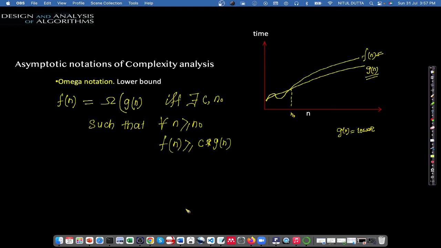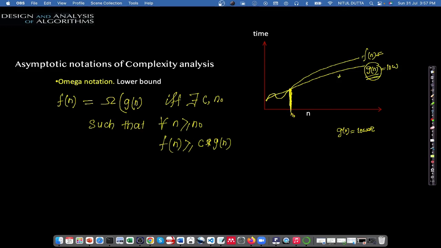It implies that we have a function g(n) which shows the lower bound of time complexity, meaning the time complexity of that algorithm cannot go beyond this line or this curve. However, there must be a certain point after which this condition applies.